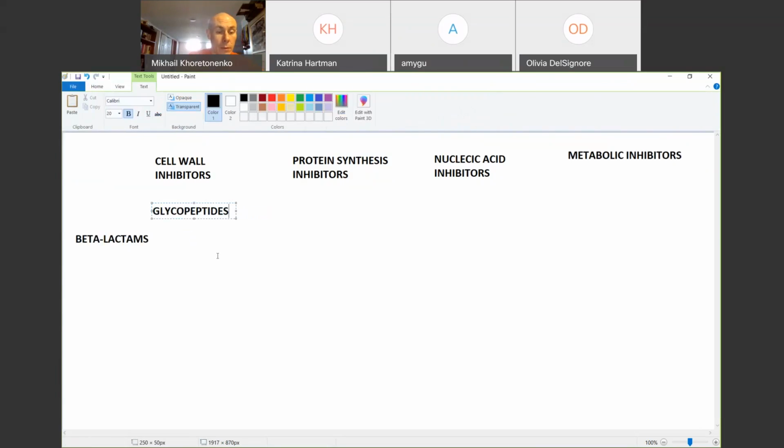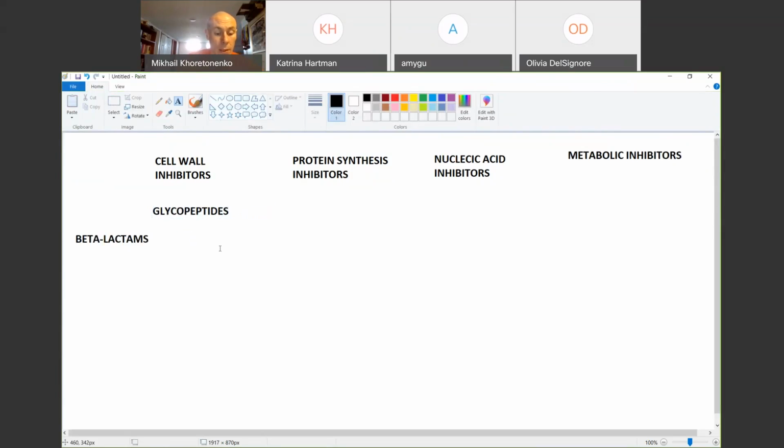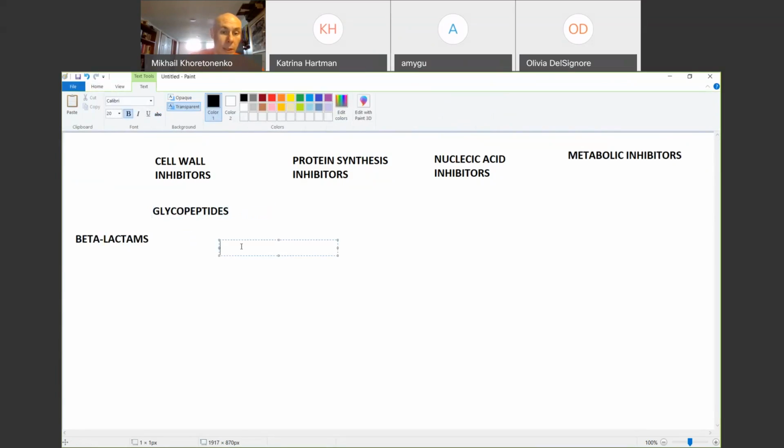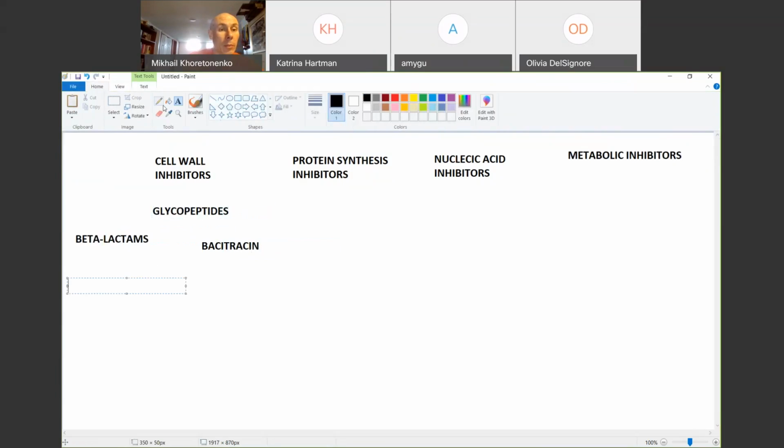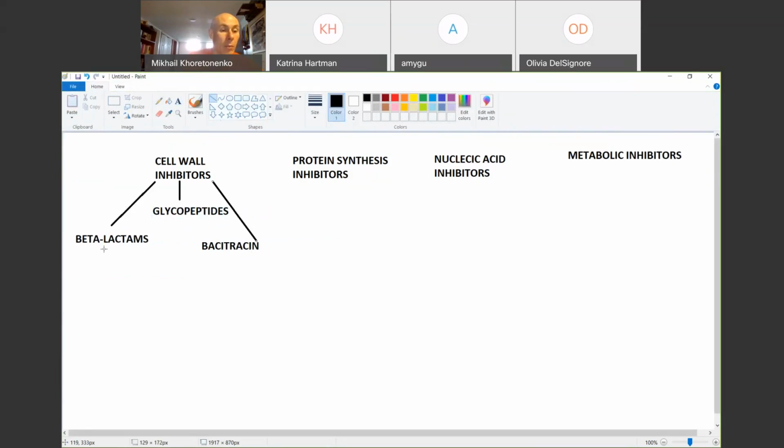And we have a separate kind of class, bacitracin. Okay. So in beta-lactams, let me change it a little bit. I'm going to draw the lines. So beta-lactams, glycopeptides.